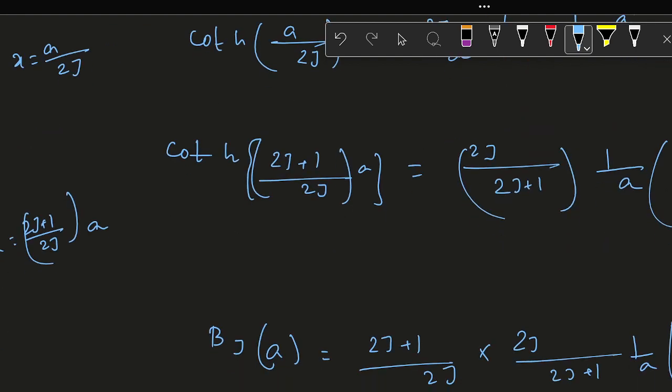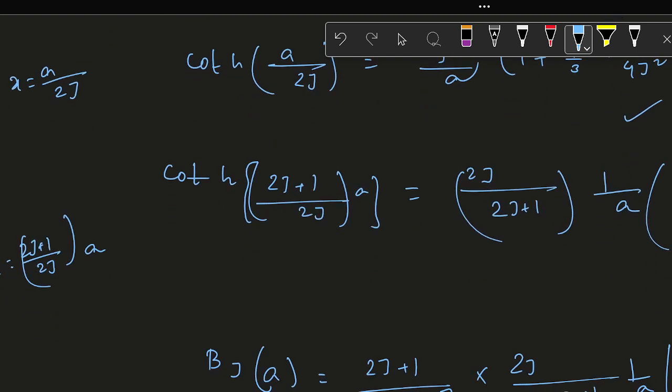The second term is minus 1 by 2j times 2j by a into 1 plus 1/3 a squared by 4j squared.